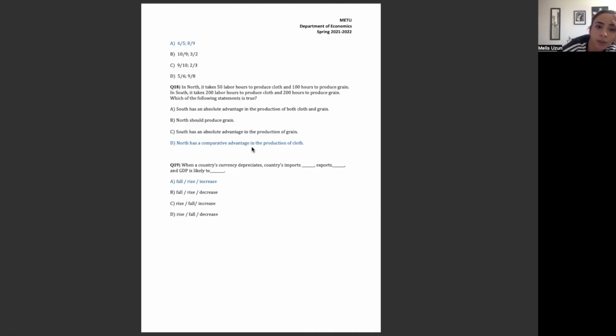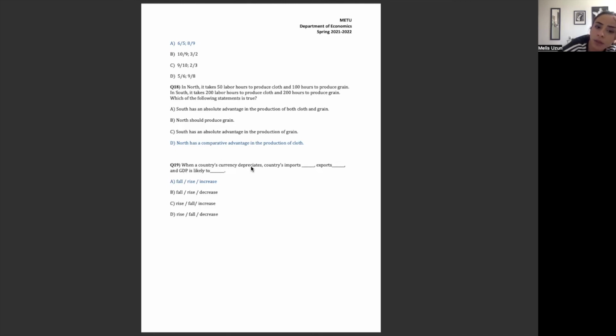North has a comparative advantage in the production of cloth because in North it takes fewer labor hours to produce cloth. In North it takes 50, and in South it takes 200. Which one is lower? 50 is lower. That's why North has a comparative advantage.